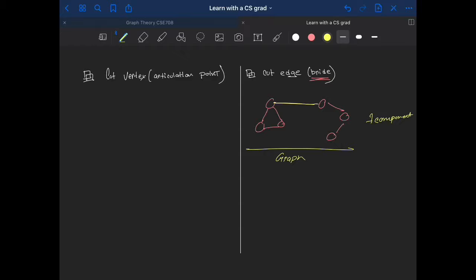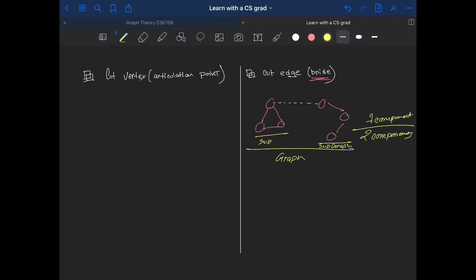All the edges and vertices are connected, and there's no concept of subgraphs. However, let's say we remove this edge. Then we have two components, because these two parts become subgraphs. So this edge was the bridge that connected these two subgraphs together to make only one component. This is what a cut edge or a bridge is.